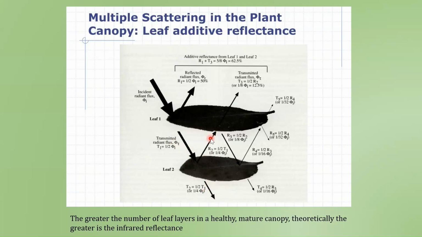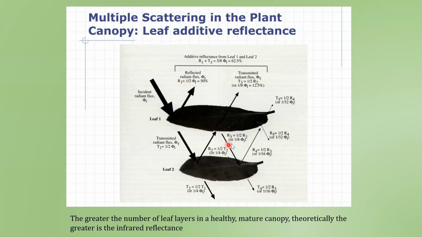Now this reflected part is incident on the lower part of the leaf. Now again the same phenomenon will occur, that is, 50% of it is reflected and 50% is transmitted. So this here is 50, and then half of it is 25%, meaning 25% reflection and 25% transmission, and again half of this gives 12.5% reflection and 12.5% transmission.